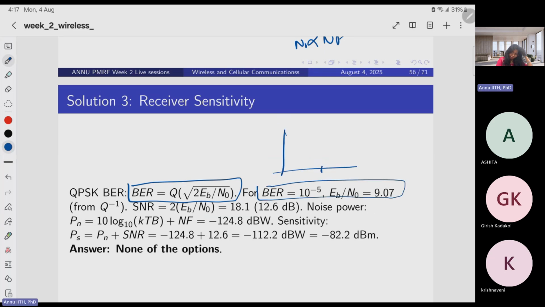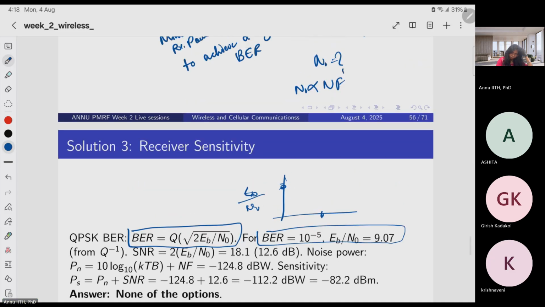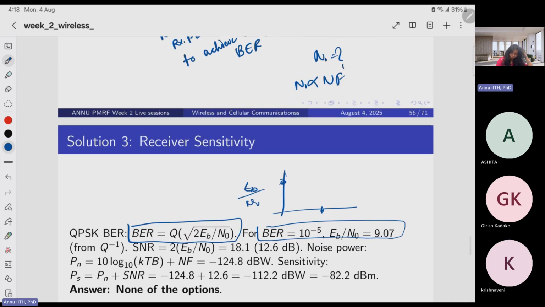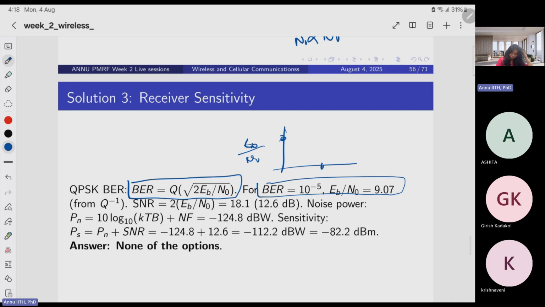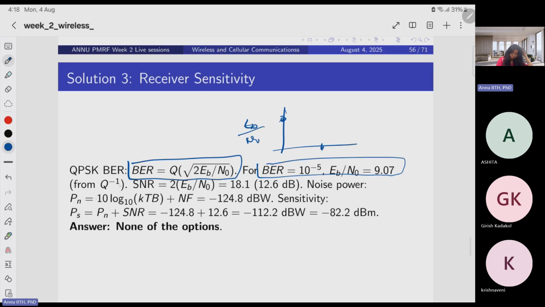With BER of this value, the Eb by N naught will be 9.07. From Q inverse, you can just check the Q function. Q function, I will tell you, is important.